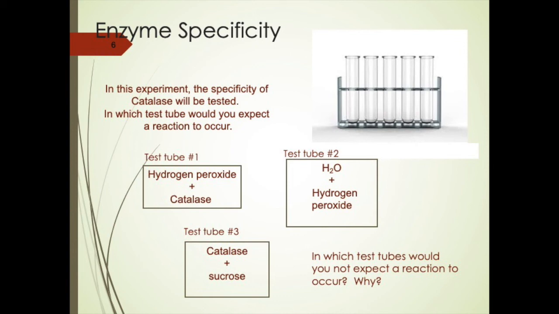So in one of the experiments, we would take test tube 1 and put hydrogen peroxide and catalase in it, and then test tube 2, we'd put water and hydrogen peroxide in it. And then we put test tube 3 with catalase and sucrose in it.